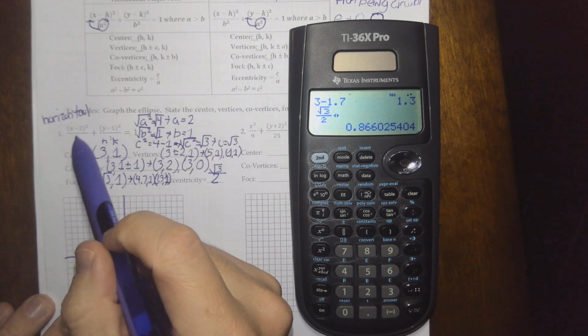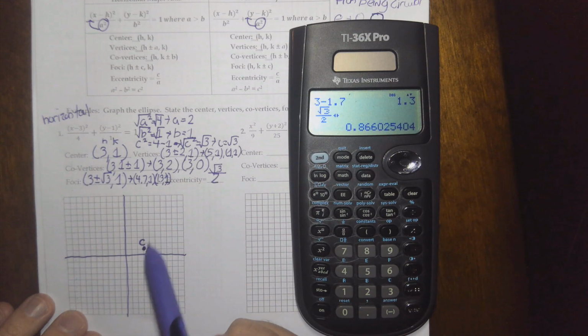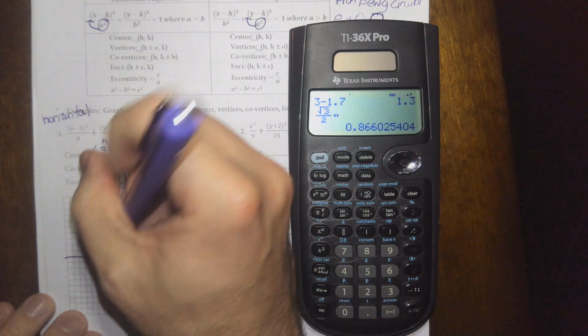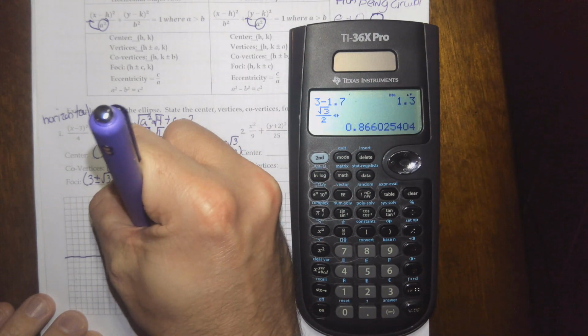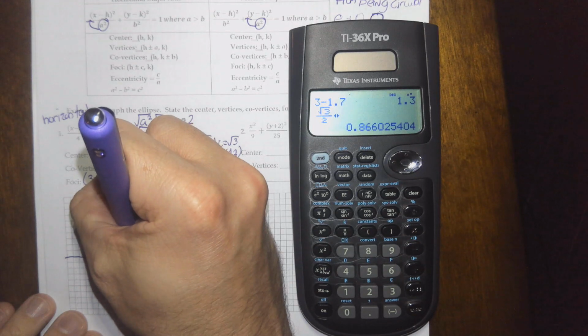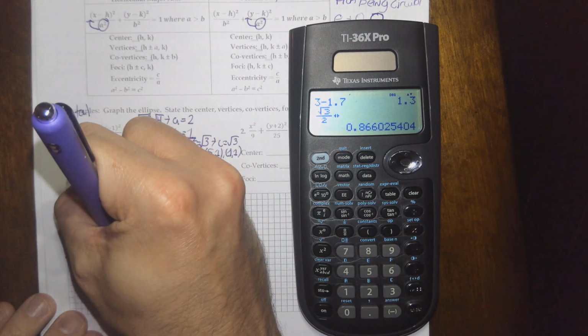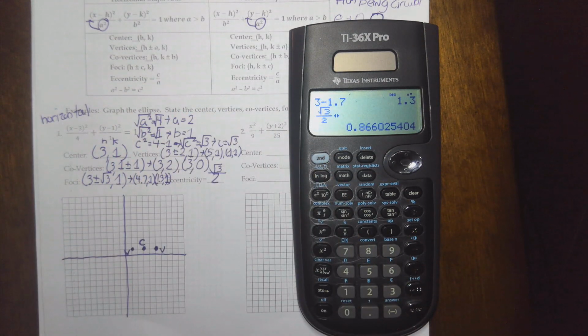Since A squared is under X this time, from the center I take my A value and go to the right 1, 2. Label that with a V, and then go to the left 1, 2. They are equidistant, guys.